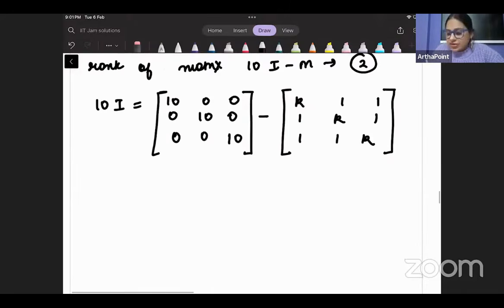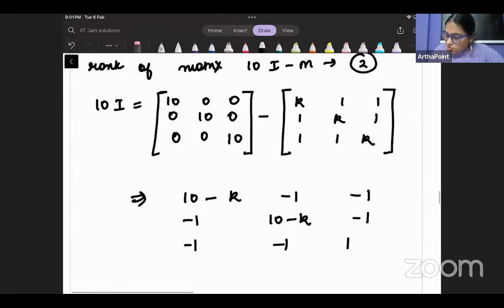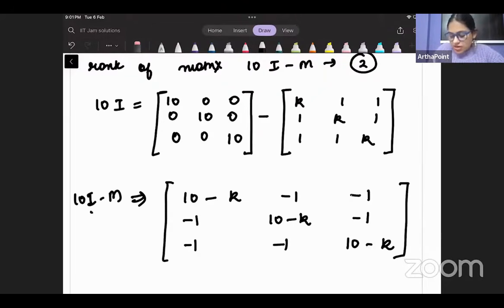तो 10I minus M को कैसे लिख सकते हैं? 10 minus k, minus 1, minus 1; minus 1, 10 minus k, minus 1; minus 1, minus 1, 10 minus k. बेटा, this is your 10I minus M matrix. ठीक है जी, am I clear with it? Okay, now try to think further.